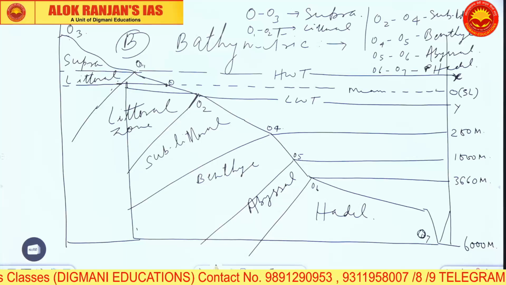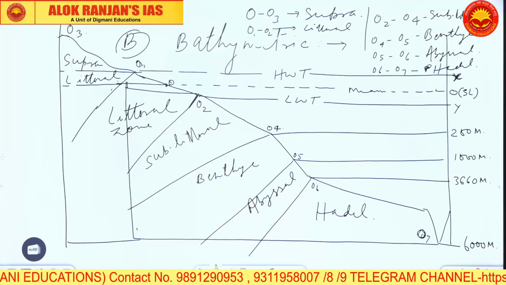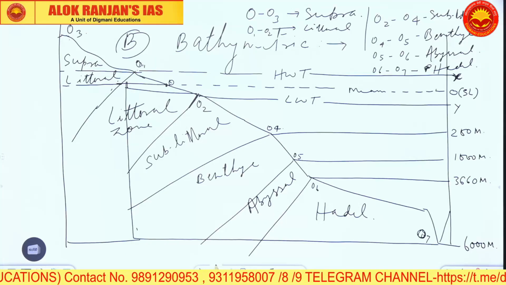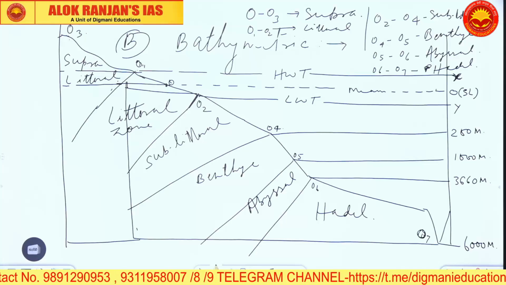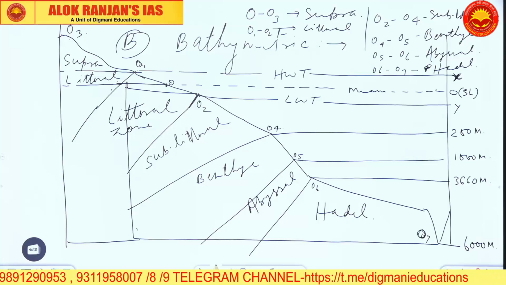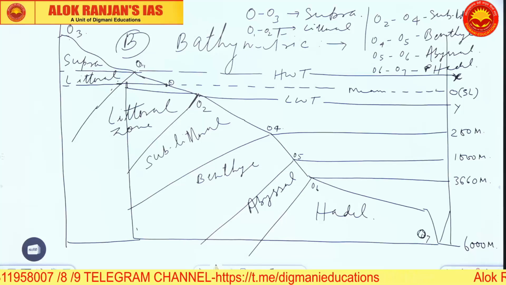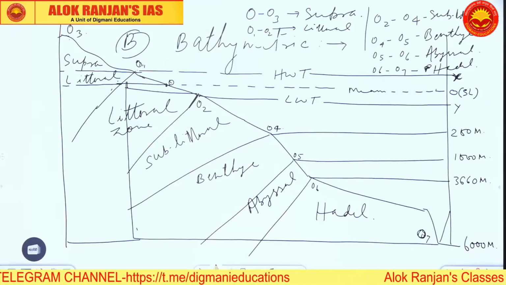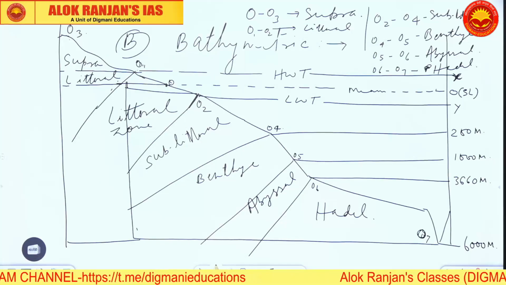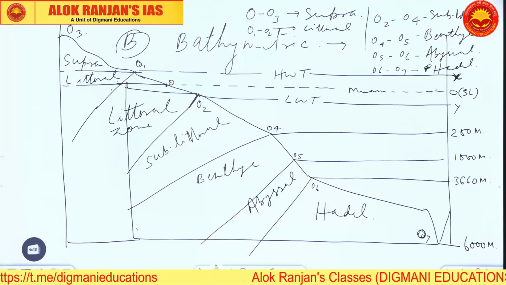Now, a very important thing to share, because very often you read other materials or even the internet. In some of the explanations I have found that littoral will be up to the depth of 200 meters, meaning the continental shelf entirely is taken as littoral, but I don't agree to it.